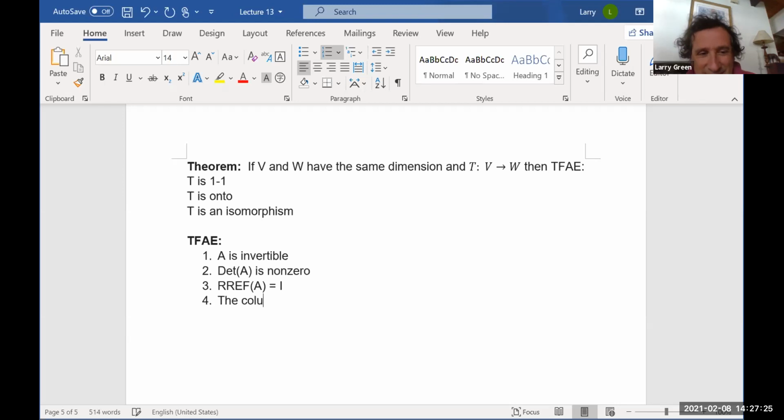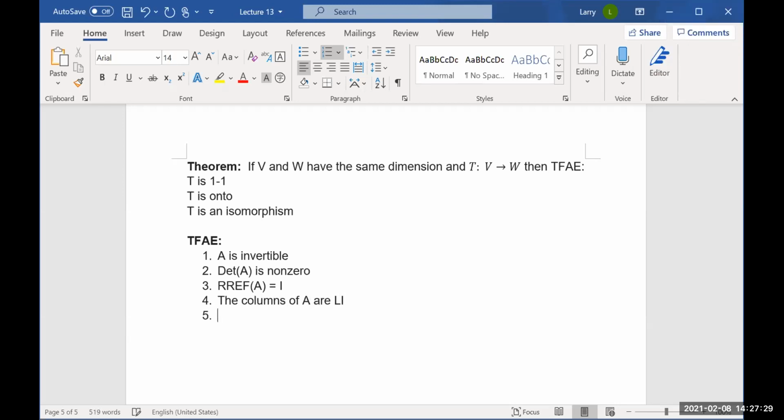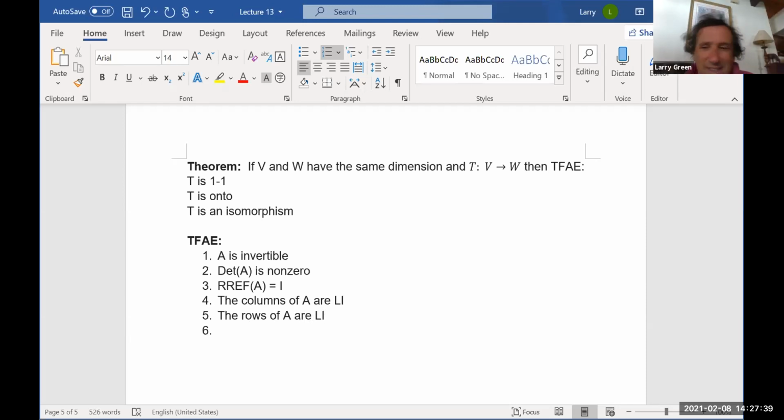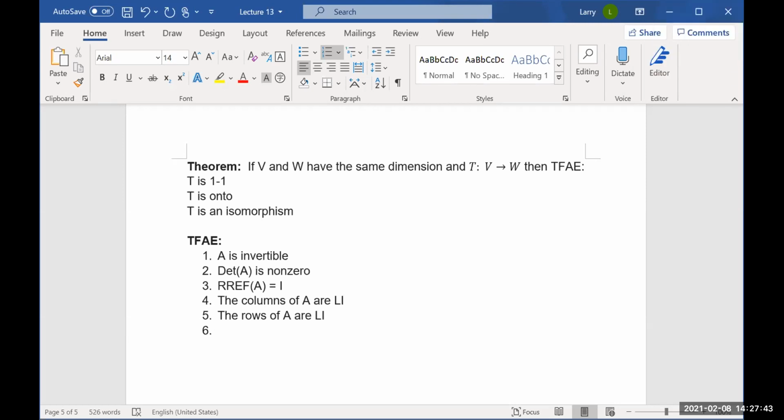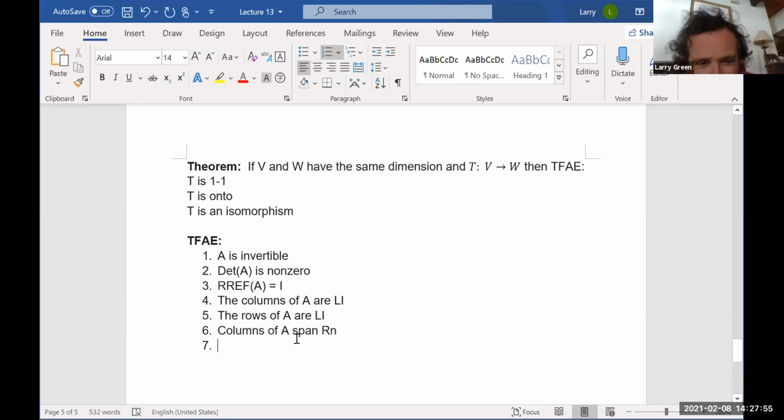As are the rows. Good. Column span R^n. And I guess I'd make that n a superscript.